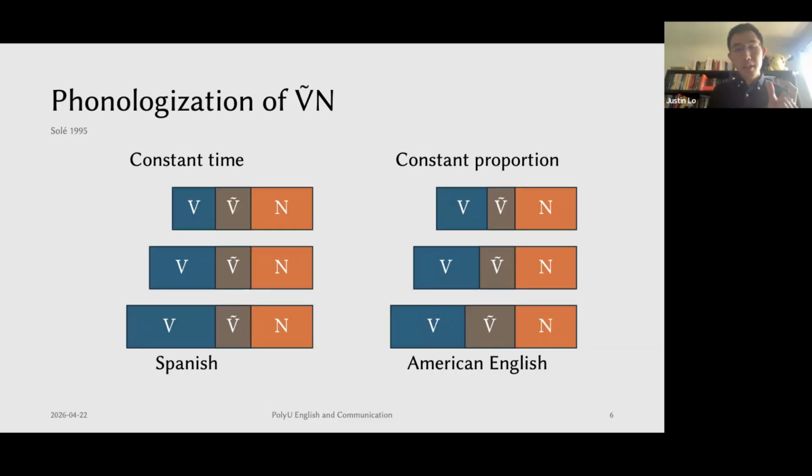So instead of having constant time nasalization, part of the vowel is being targeted as nasal. Speakers think of the vowel as having some kind of nasal target when it comes before a nasal consonant, and so instead of producing constant time nasalization, they produce a constant proportion of the vowel that becomes nasalized.